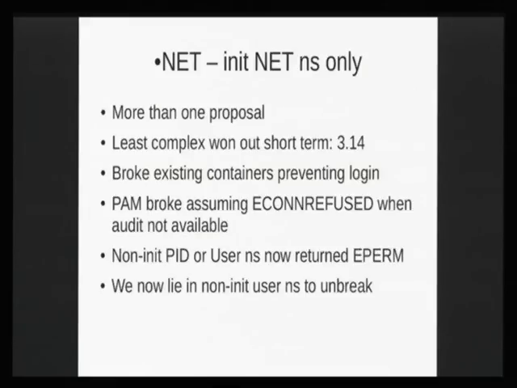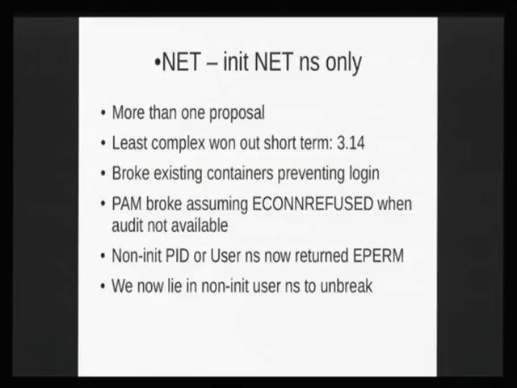And the way PAM was configured, because this code was written long before anyone was thinking about namespaces, people looked at it and said, oh, whenever we get EPERM back, that means audit's configured, but something has happened that's denying us the ability to generate an audit record. And so therefore, this person is doing something bad, we don't want to let them log in. So in the process of fixing our problem for network namespaces, we pretty much just locked everyone out.